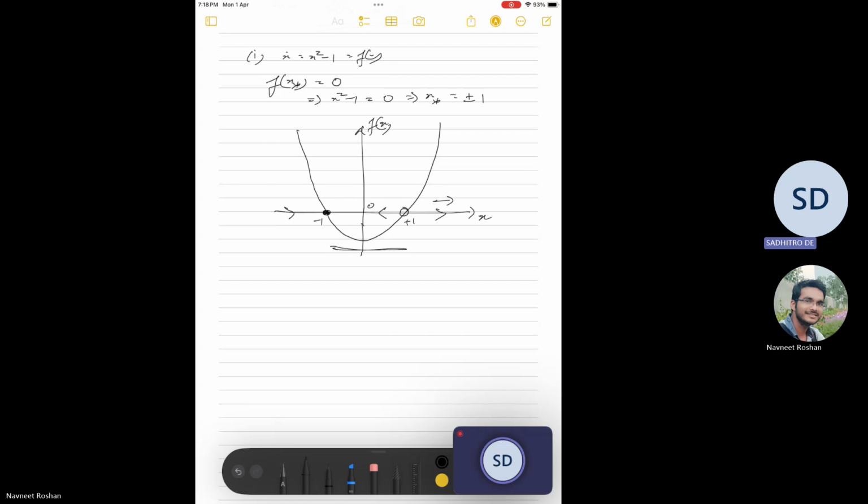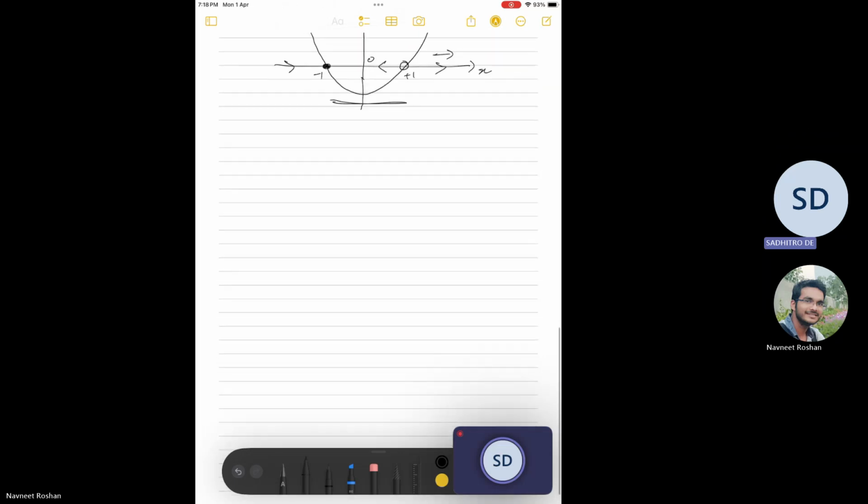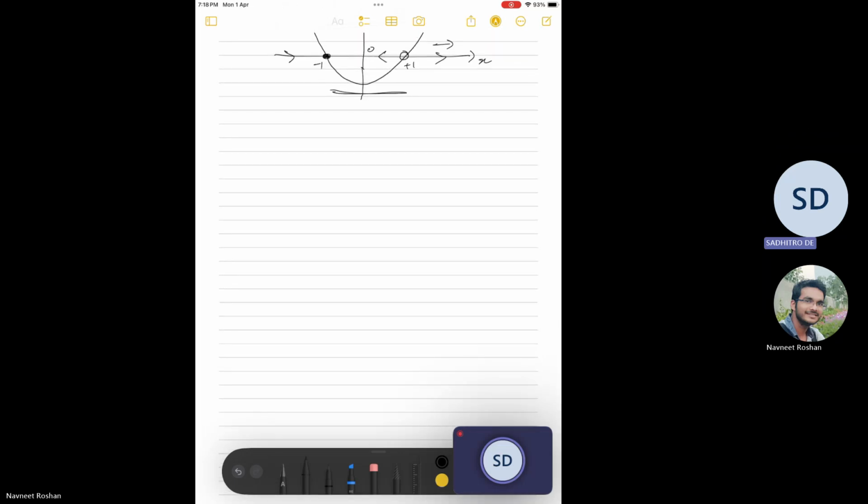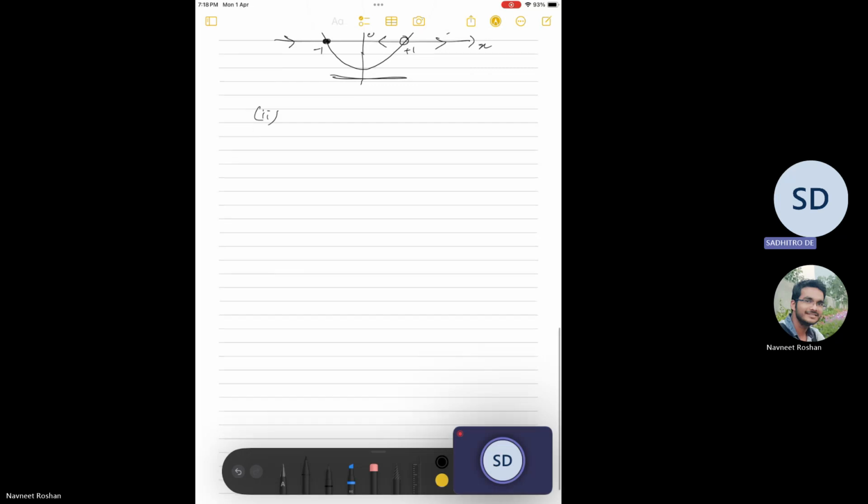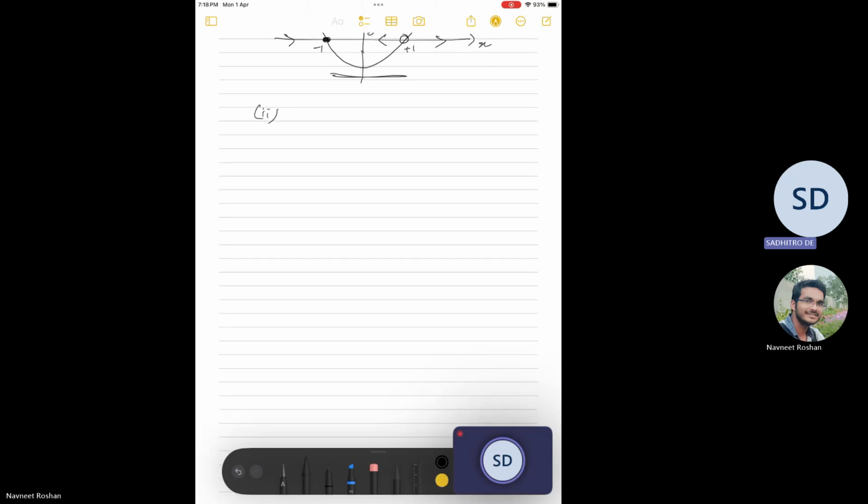Now let us take a look at some systems of practical interest where we can apply this knowledge. You will see that you have come across these systems in your higher secondary school as well as bachelor's also. So one practical example is an electric circuit. Okay, let us draw the electric circuit.